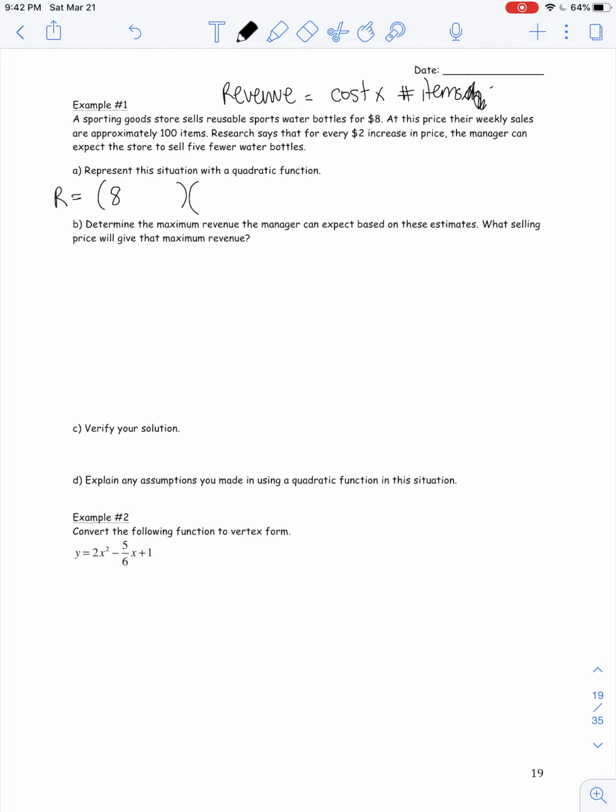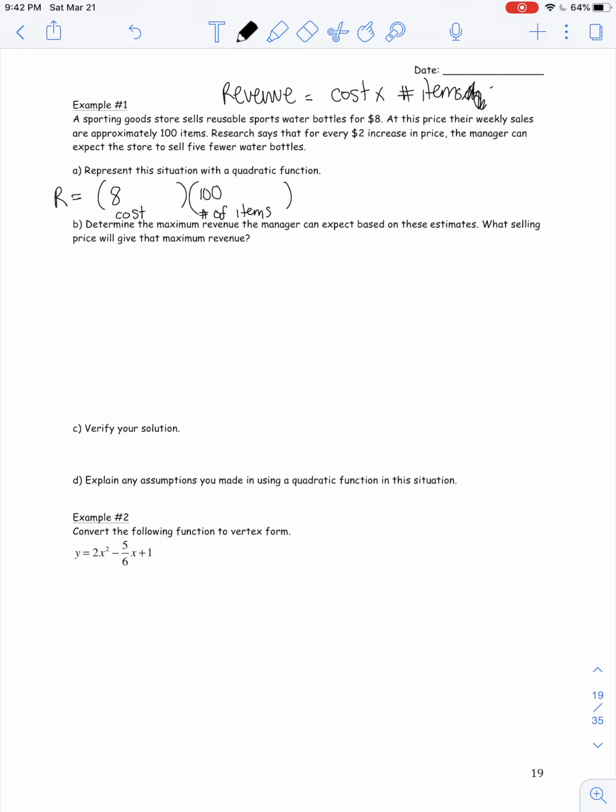So I'm going to have one bracket that represents the cost, and the other one representing the number of items. So a sporting goods store sells reusable sports water bottles for $8. Put that 8 in the cost bracket. At this price, their weekly sales are approximately 100 items. Well, we know originally there was 100 items being sold, so that's going to go into your number of items bracket.